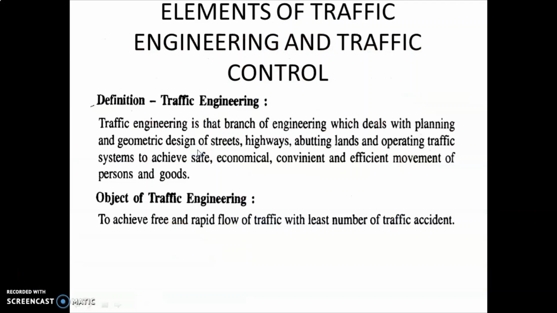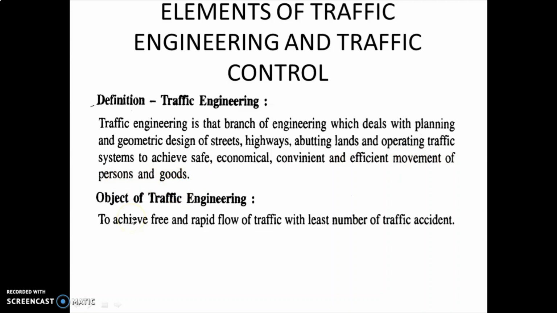Okay, so element of traffic engineering and traffic control. Before we proceed further, first of all, we have to understand what is traffic engineering. As per the definition, traffic engineering is that branch of engineering which deals with planning and geometric design of streets, highways, abutting land, and operating traffic systems to achieve safe, economical, convenient and efficient movement of persons as well as goods.